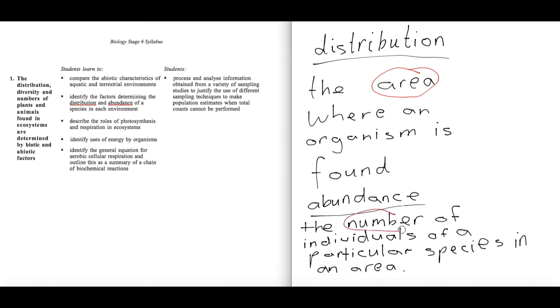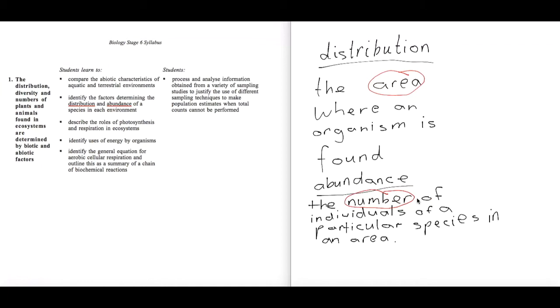Okay, so it's the number of individuals in an area. Distribution refers to the area which the species can be found in, and abundance is how many of those species or how many of those individual organisms are in that area. Now, with abundance, we're counting the number of individual organisms within a species group.